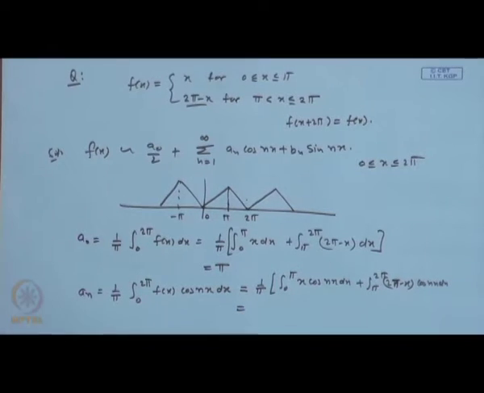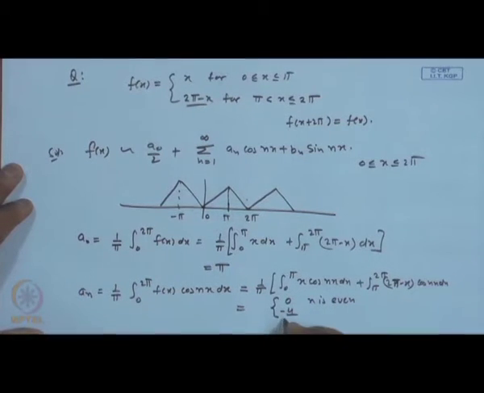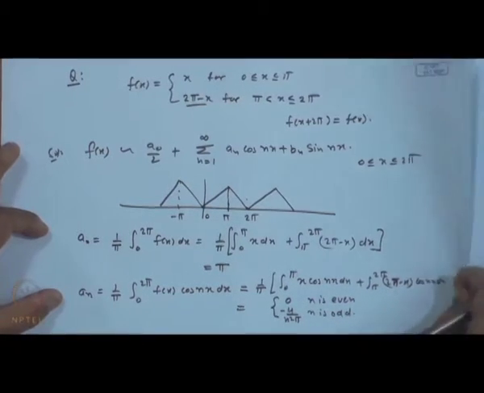Again I will skip these simple calculations, and we will get 0 when n is even, and minus 4 over n square pi when n is odd. So, a_n we have calculated.